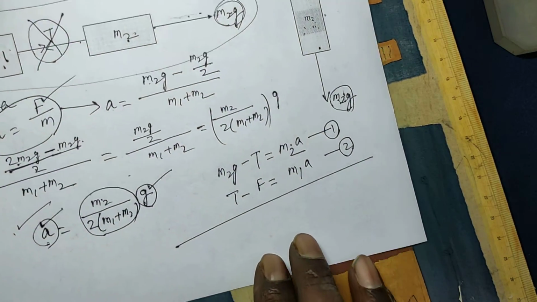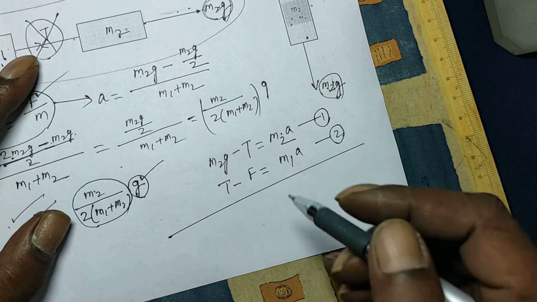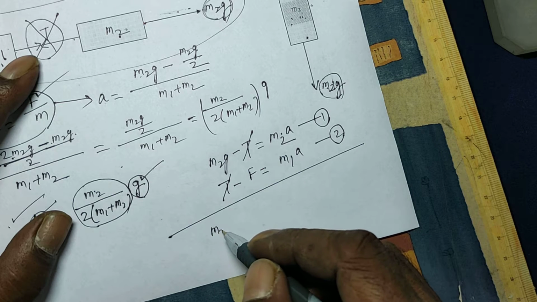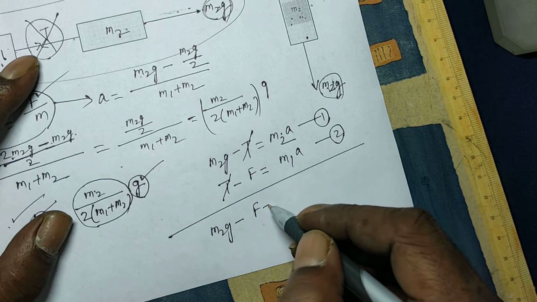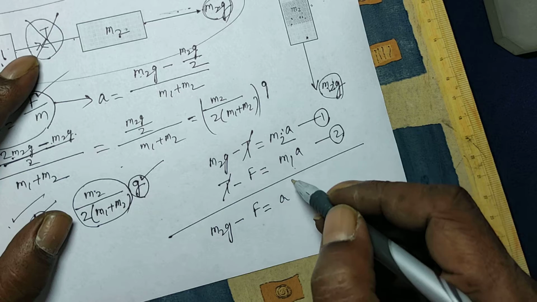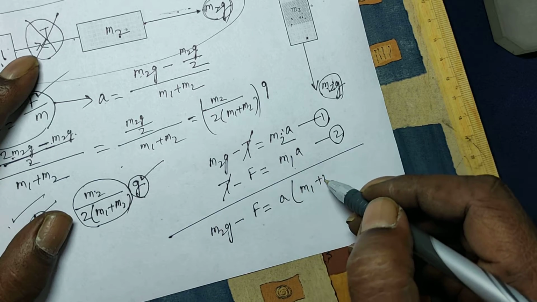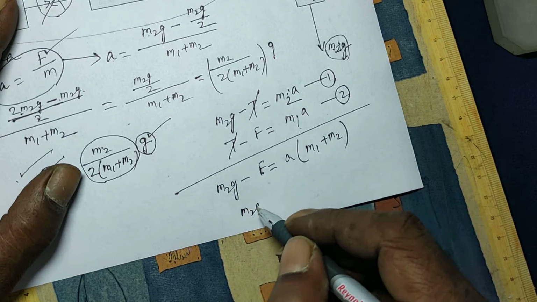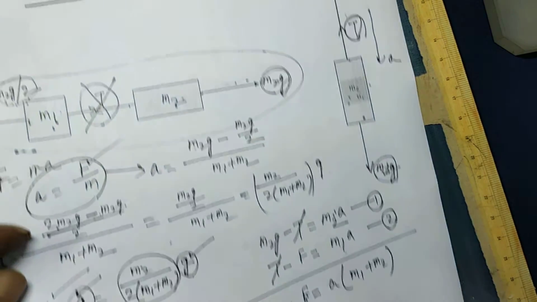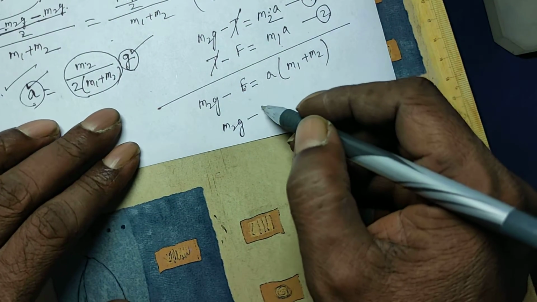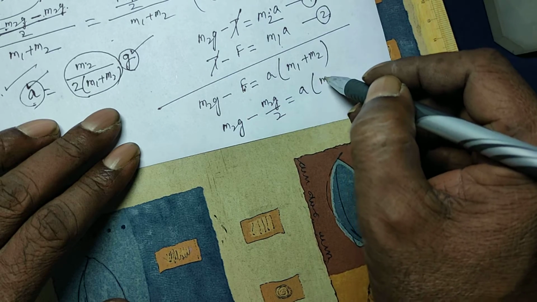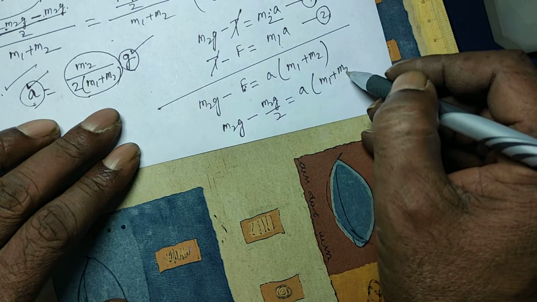If you add them properly, you will get the expression for acceleration. T cancels. So M2 times G minus F, this plus this, taking A common, I am left within bracket as M1 plus M2, and the value of F is given in the numerical as M2G over 2.